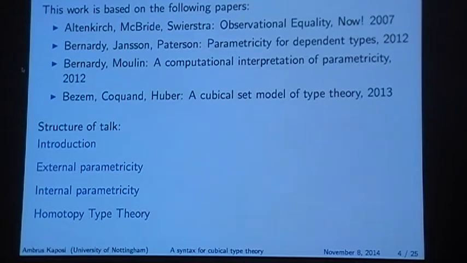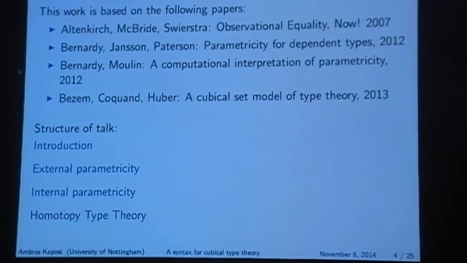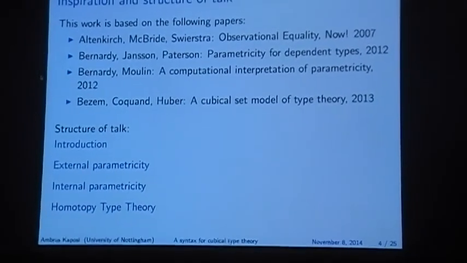So what we want to do is to combine these two ideas, this idea of parametricity, which is very syntactic, and this model construction, and extend this idea to define equality by recursion over types to homotopy type theory.